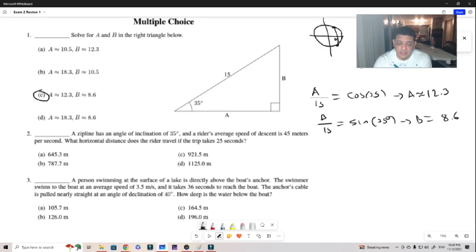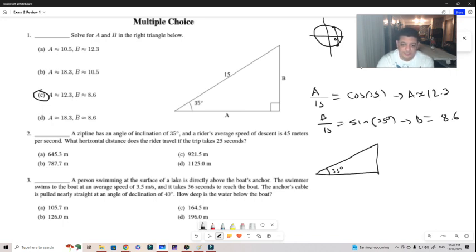Now, question number 2, we have another triangle. We have that a zip line has an inclination of 35 degrees, and a rider's average speed of descent is 45 meters per second. So we have a right triangle here, and we have an inclination of, again, 35 degrees.